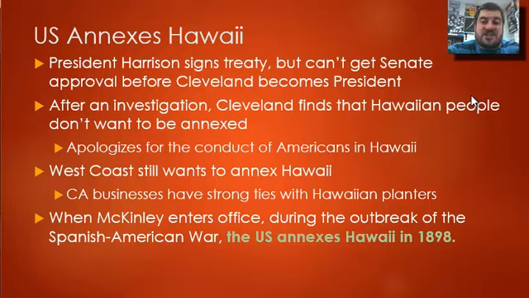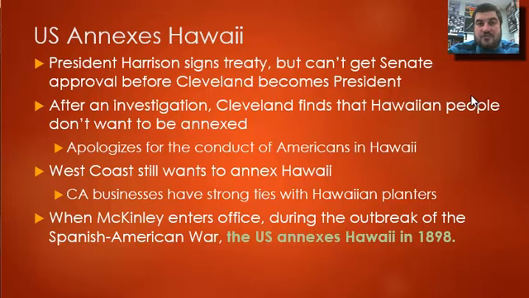And after an investigation, Cleveland refuses to sign the treaty because he finds that the Hawaiian people don't want to be annexed. He says the Hawaiian people were wronged by the conduct of Americans in Hawaii, and he apologizes for that.